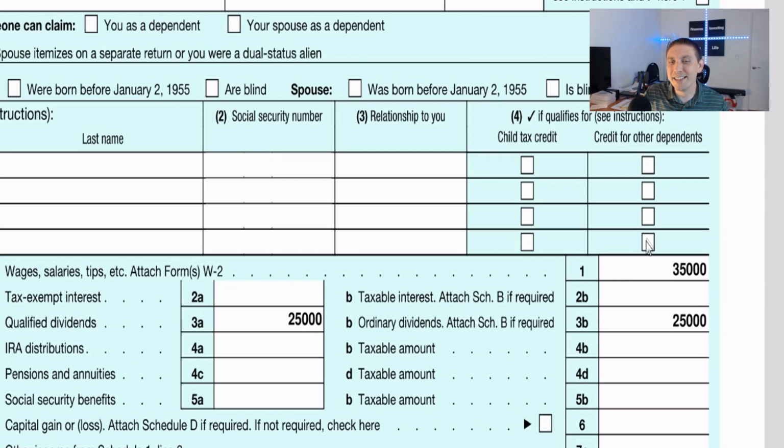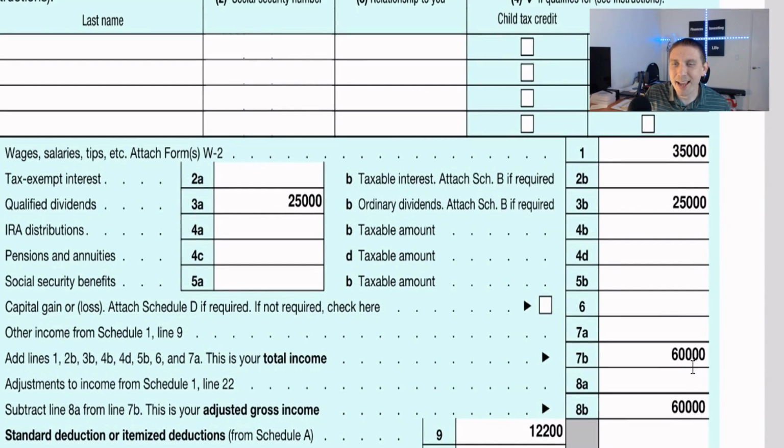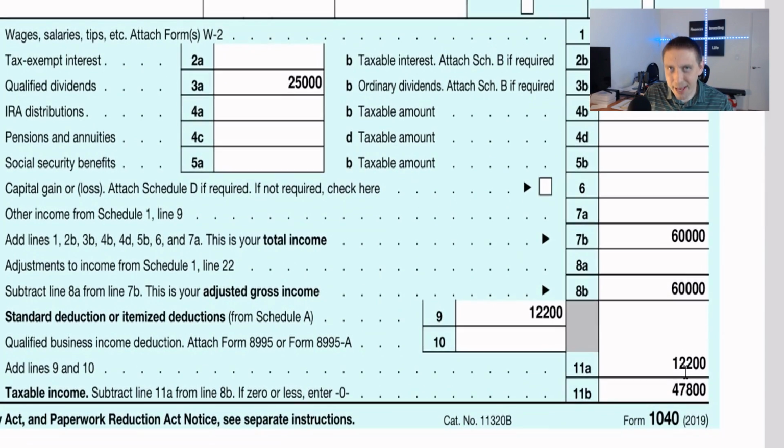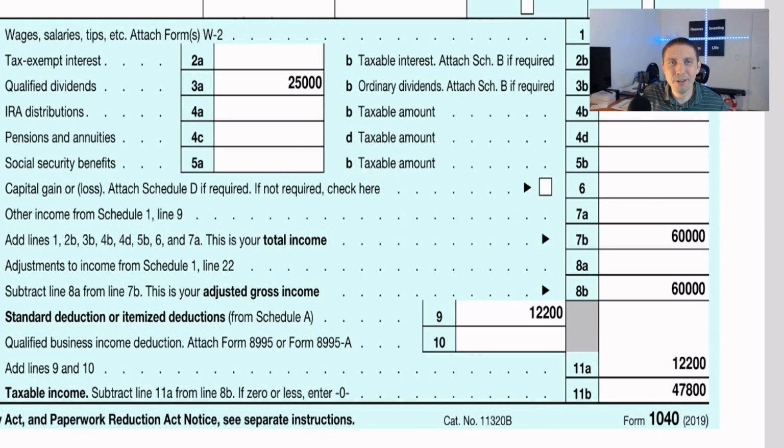Your dividend income is now $25,000, which means your total income is $60,000. When we take away the standard deduction, remember that number's given to you, you're left with a taxable income of $47,800. And now let's go to the capital gain worksheet.